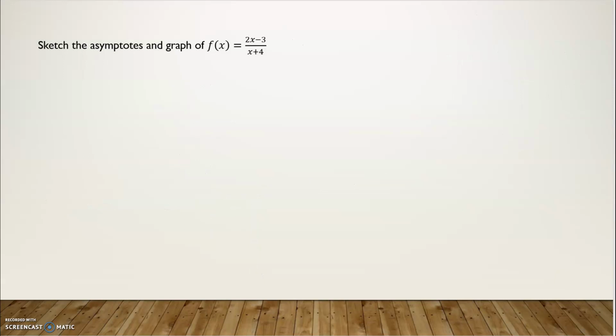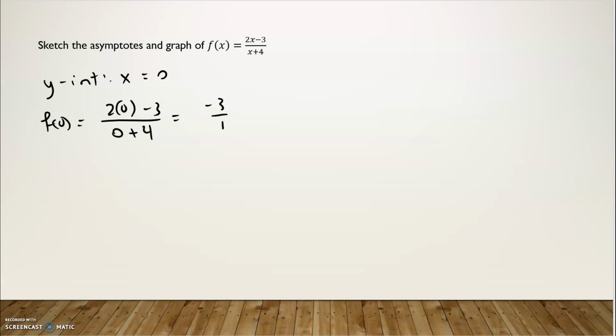Now let's look at this one, and we will go through the same thing. We're going to look for the y-intercept. So x is equal to 0. So 2 times 0 minus 3, and 0 plus 4, so negative 3 over 4. So we have a y-intercept of 0, comma, negative 3 over 4.